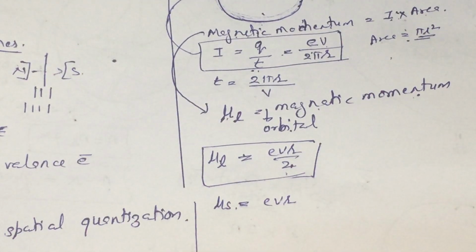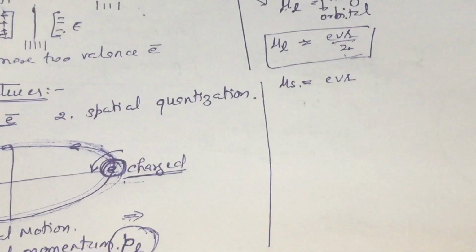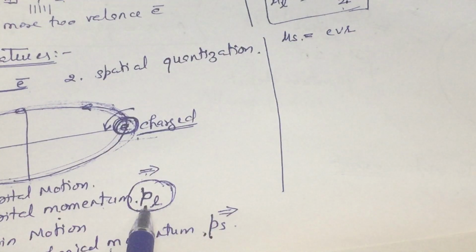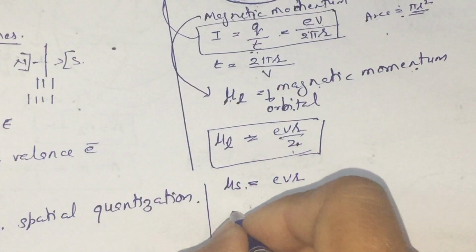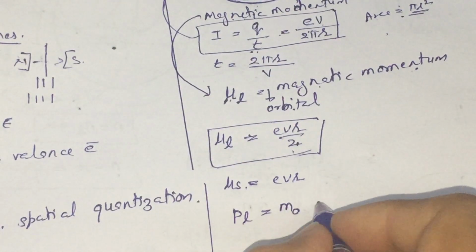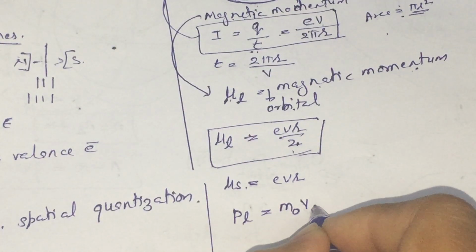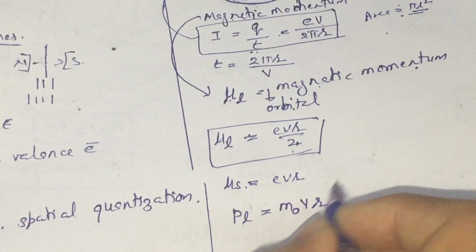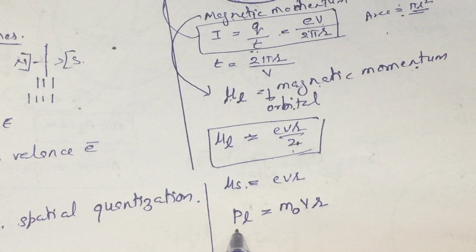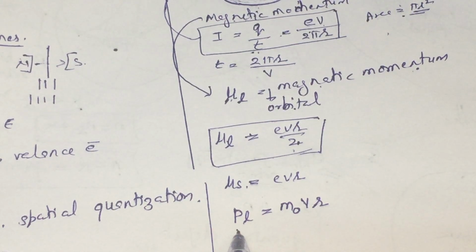If we double this, we will have e v r. And now we know very well that the orbital momentum can be converted into angular momentum, so we can easily find out the v r relation with orbital momentum. Our angular momentum is given by the rest mass of the electron, velocity of the electron, and r, as the body is moving in rotational motion or in a curve.